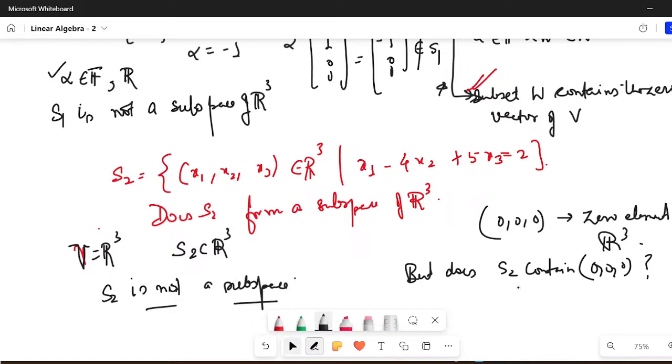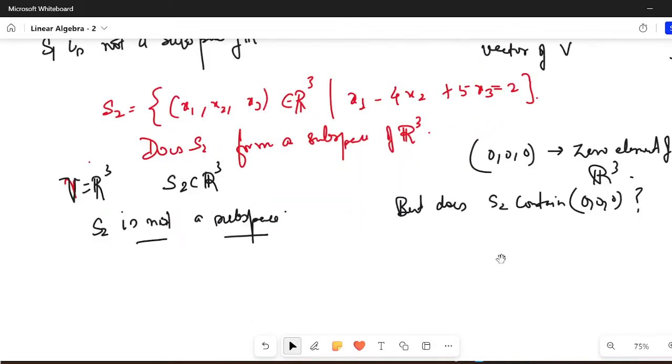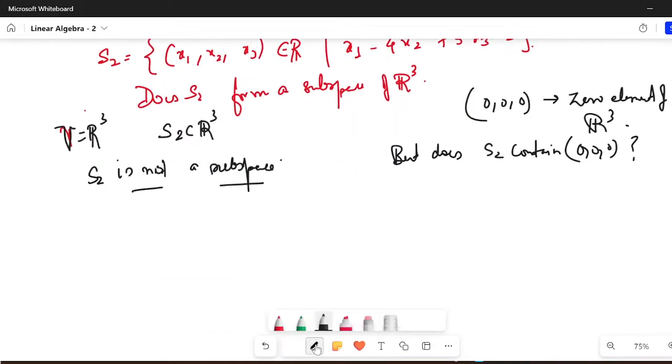Okay. Now let us take another question. Let's say S3 is the set of x belonging to R square such that y is equal to x square.